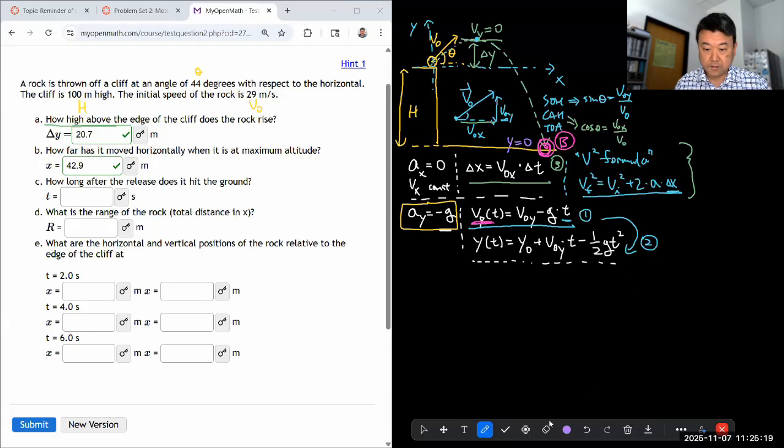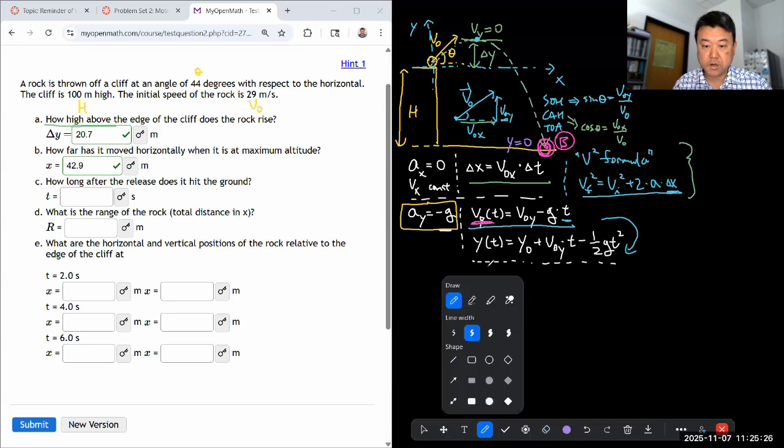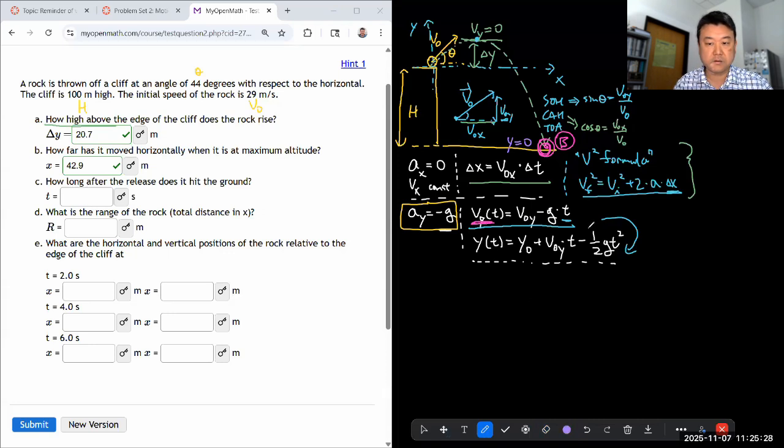So I think I'm going to actually use my second equation that handles the projectile motion. Let me call this my equation 1 for this part. So in equation 1, I can plug in my final y height is 0.